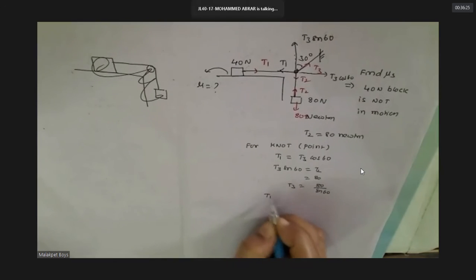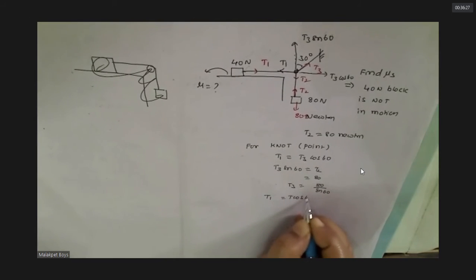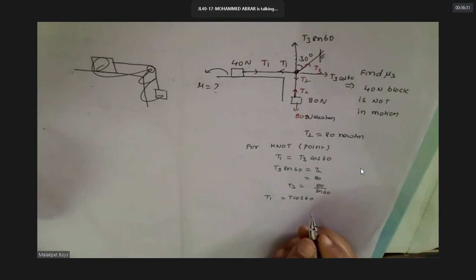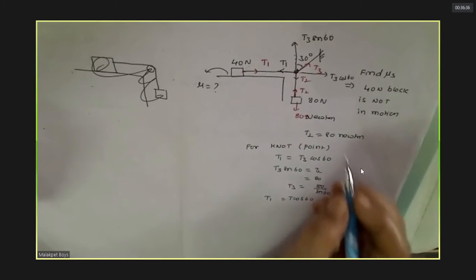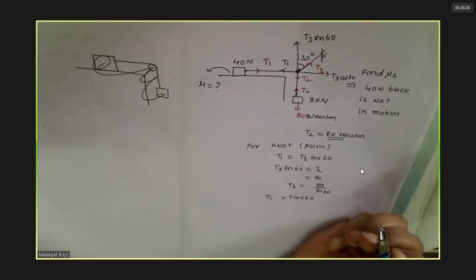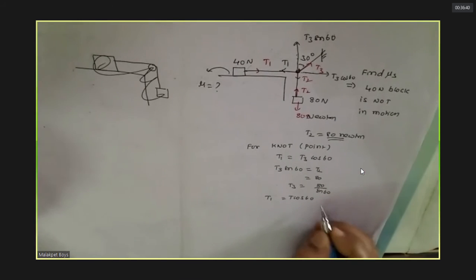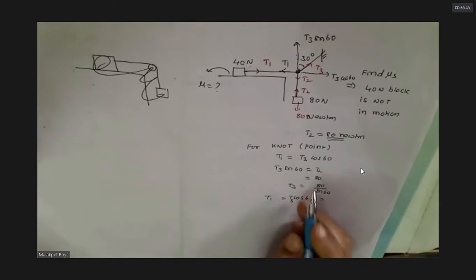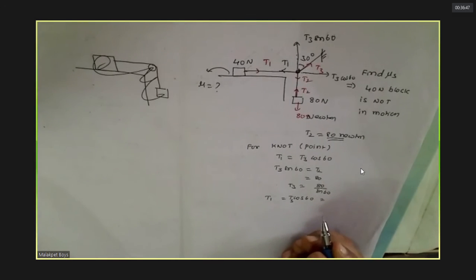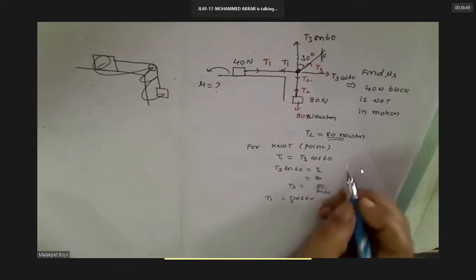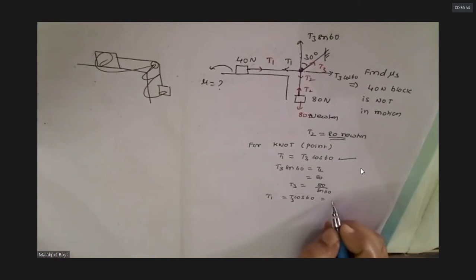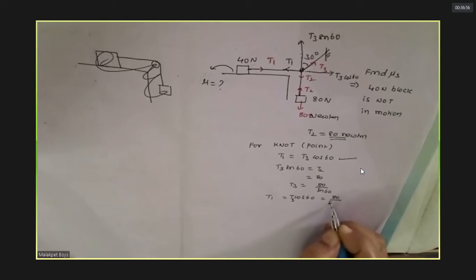T3 sin 60 is equal to 80g, no, sir? No, this is Newton. T2 minus 80 will be. Correct, no? Wait a minute, the mass is 80 Newton. Okay, got it, T3.